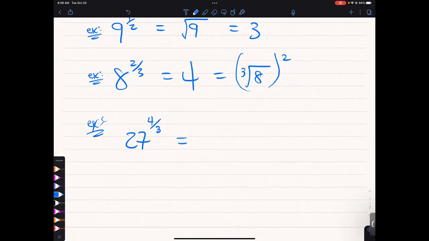So what's the cube root of 27? 3, because 3 times 3 times 3 is 27, right? And 3 to the 4th, well, 3, 9, 27, 81, or just do it in a calculator.